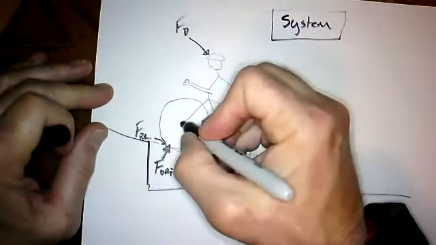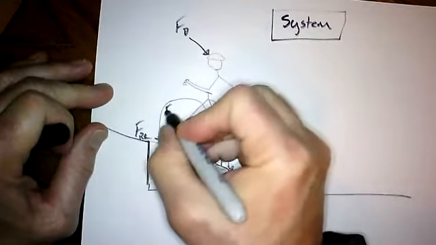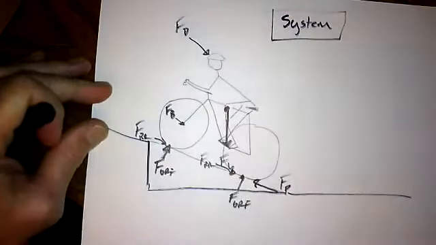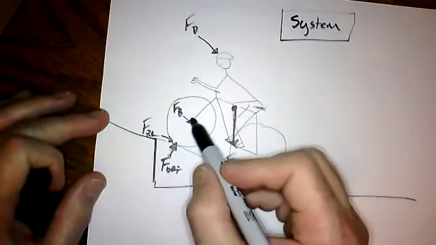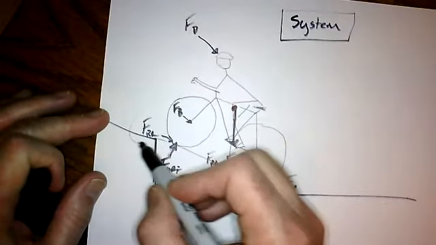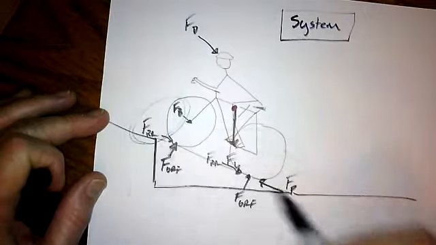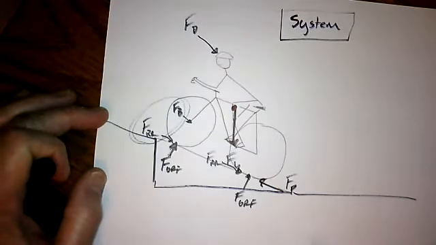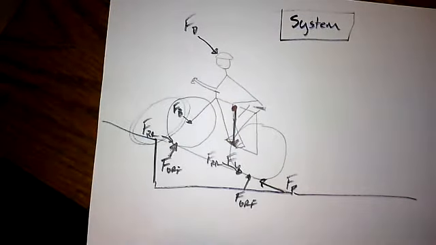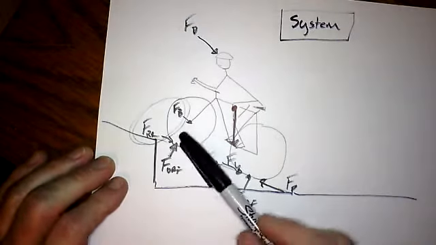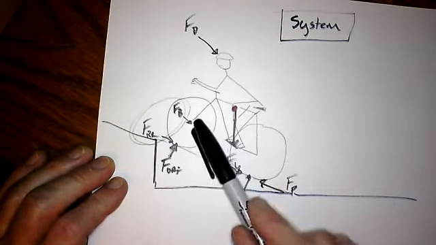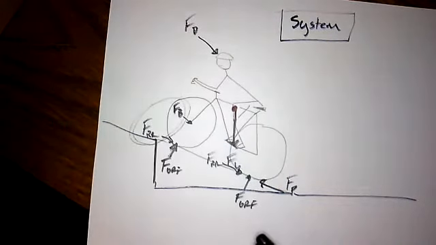Now, some of you did draw in a bearing, and I've done that as well, a bearing resistance. And that's okay. That's good to do. A lot of times what references will do is combine these two into one resistance force, which would be rolling resistance and bearing. And I know I've been inconsistent with how I presented this in the notes, because sometimes I include this, sometimes I don't.